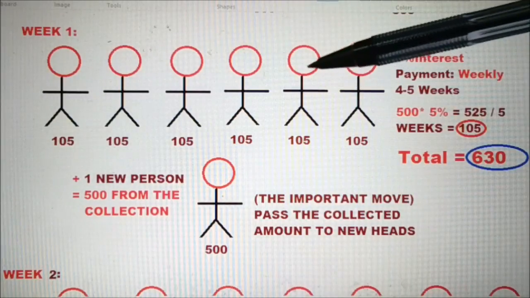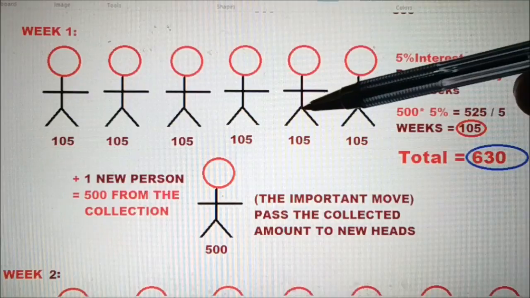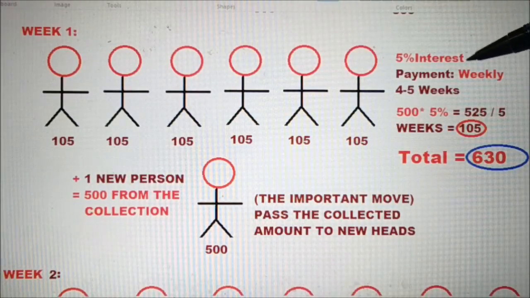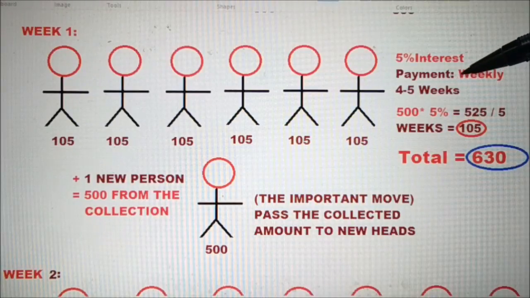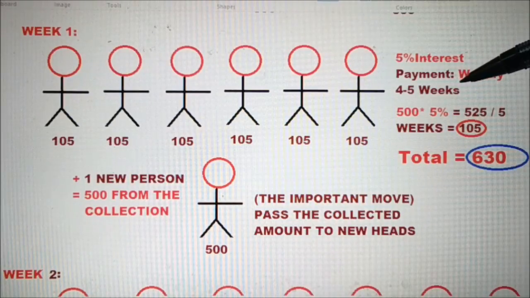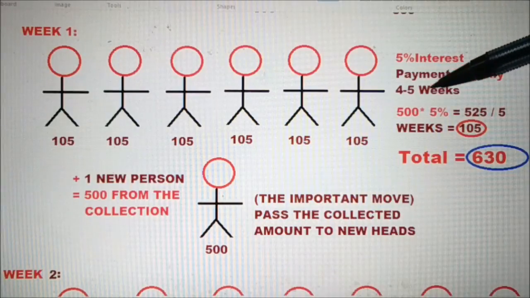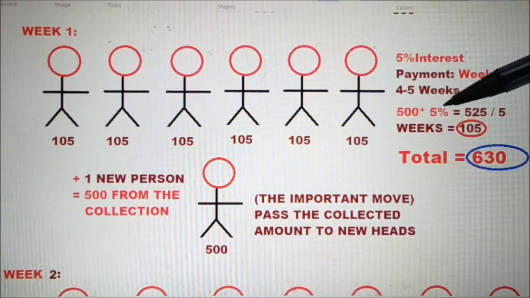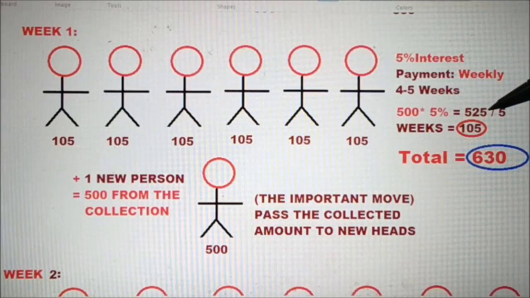Week 1, our first payment cycle, with 5% interest, weekly payment, and a term of 5 weeks. As you can see, 500 on each head times 5% on total terms equals 525, divided by 5 weeks.